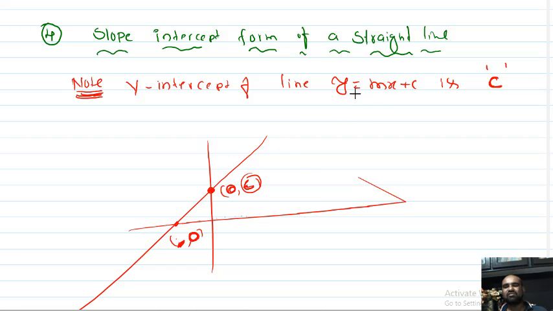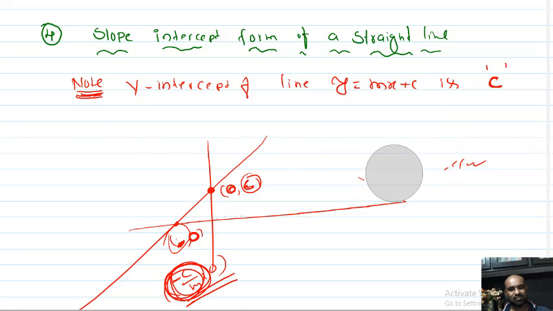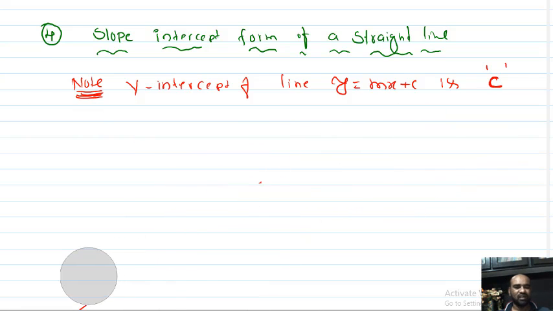Put y equal to 0: 0 equals mx plus c, so mx equals minus c, or x equals minus c by m. So this point is minus c by m comma 0. So minus c by m is the x-intercept of the straight line. Understood? To find the x-intercept, put y equal to 0.